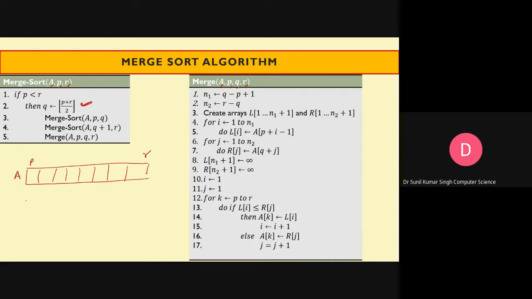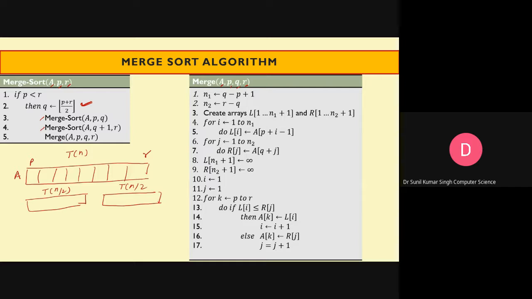After this step, we are able to divide the problem into two subproblems, and these two steps are recursive steps. So if it is Tn, then it is going to be Tn by 2, Tn by 2.